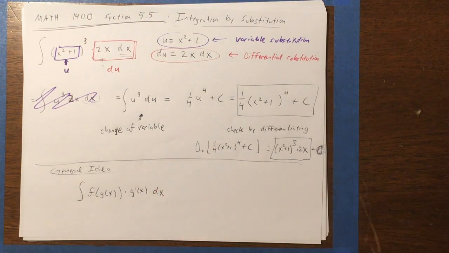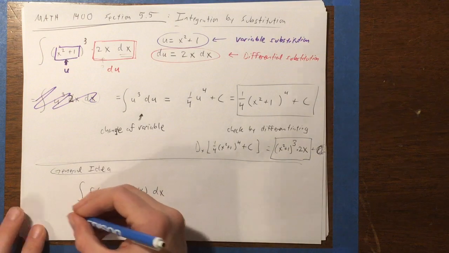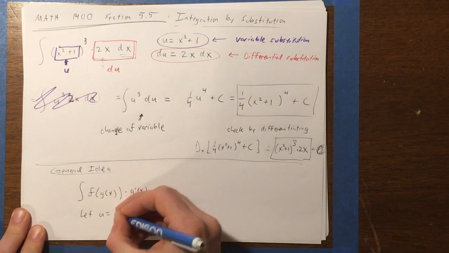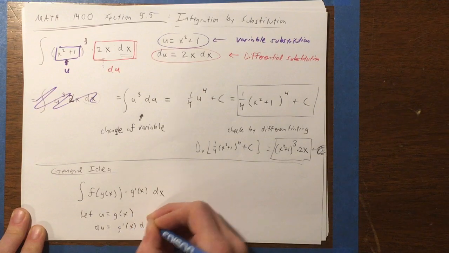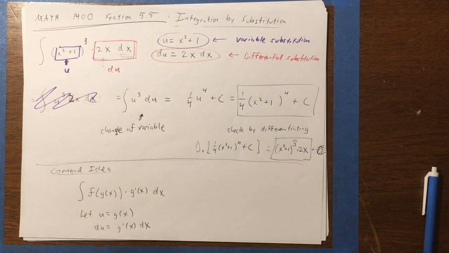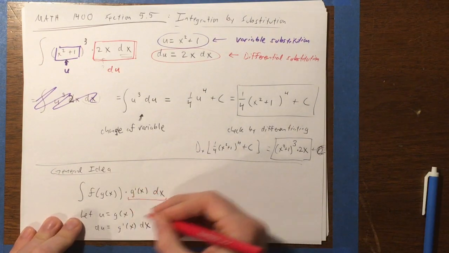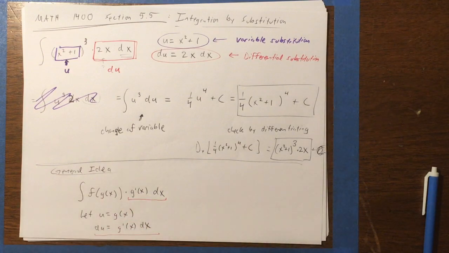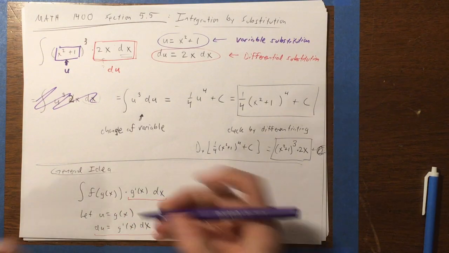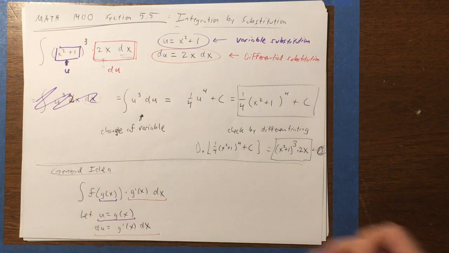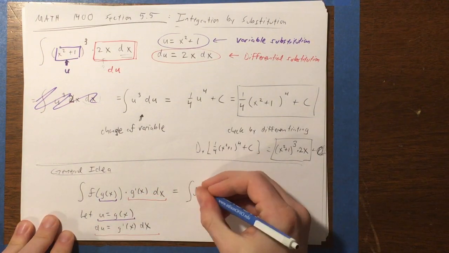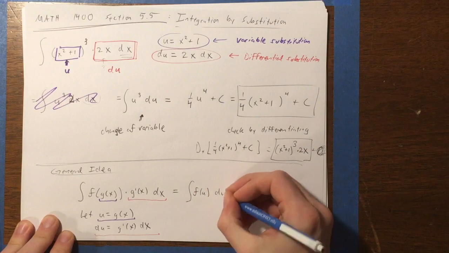So if you're trying to do an integral like that, then what you can do is you can let u equal g of x. The du is going to be g prime of x times dx, and then make two substitutions. You'll make your differential substitution here with du, and then you'll come in here and make your variable substitution here with u. And you end up getting the integral of f of u du.